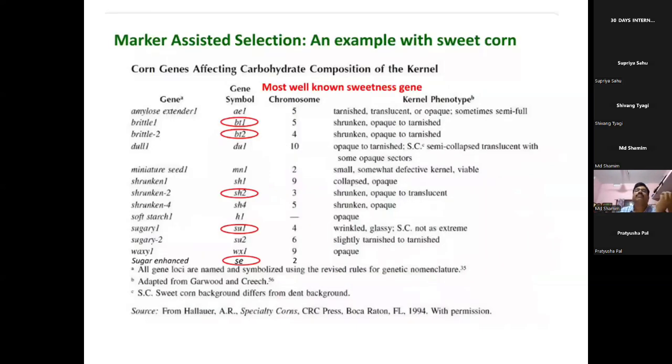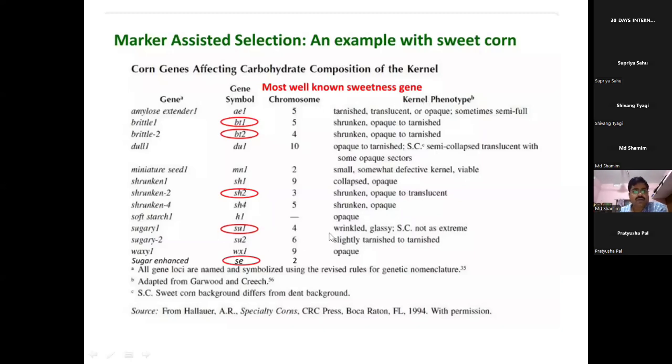This is an example of sweet corn, where genes affecting the carbohydrate composition of the kernel have been identified with marker assisted selection by Halford et al. in 1994. These are the gene symbols and gene names, their different chromosome locations, and these genes code proteins that affect the kernel phenotype.